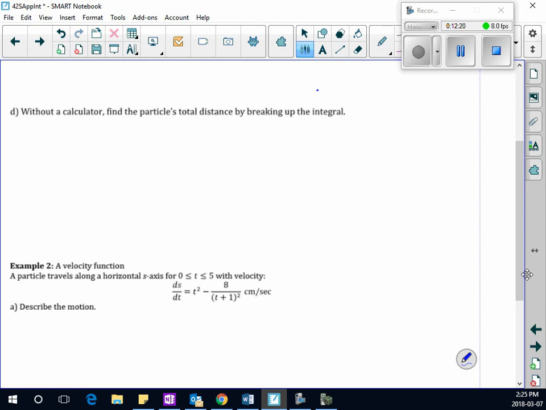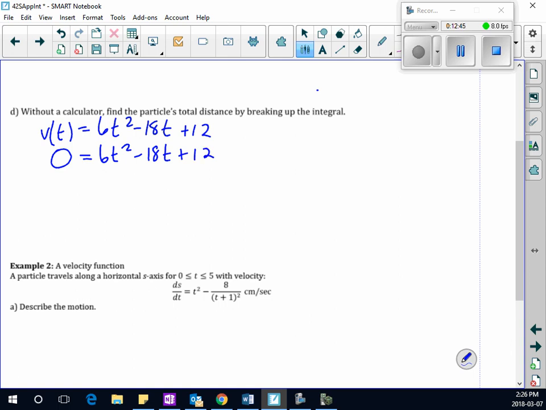I don't have it from the previous page: v of t equals 6t squared minus 18t plus 12, right? Okay, so we would set it equal to 0 and solve, right? So 0 equals 6... You know what? Instead of factoring it out, you can totally divide 6 out of there.